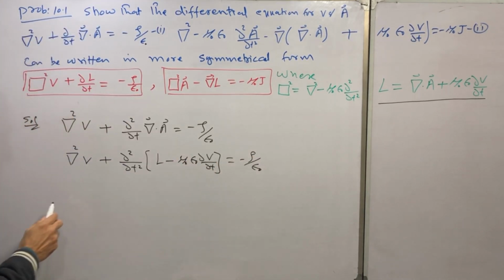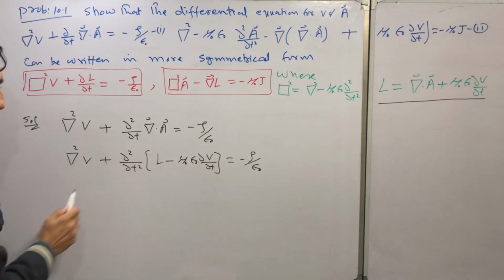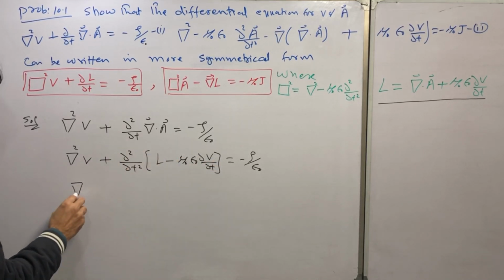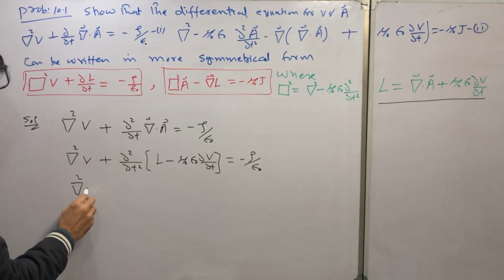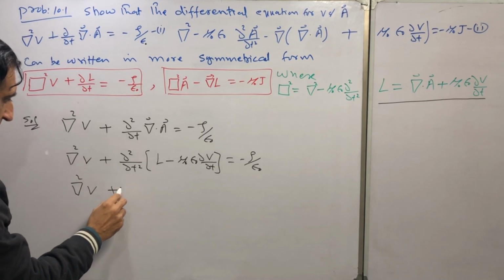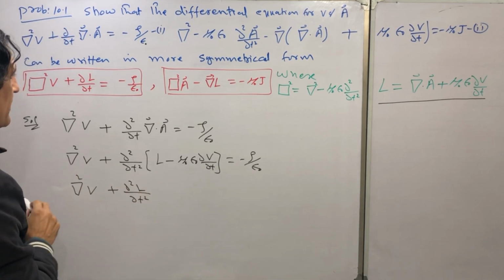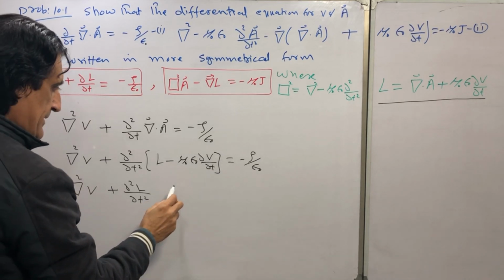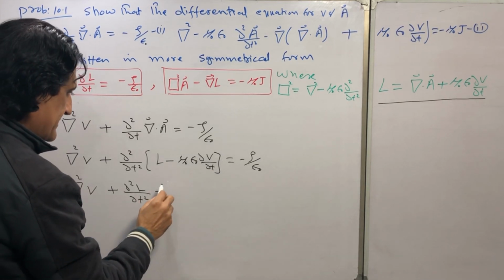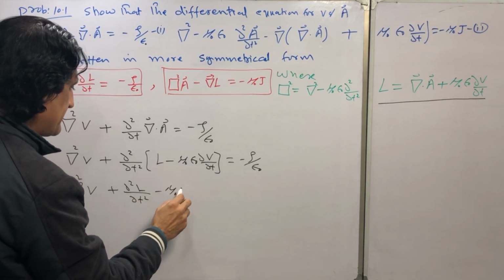Multiplying the partial by partial T, we have del square V plus partial L divided by partial T minus mu naught epsilon naught.